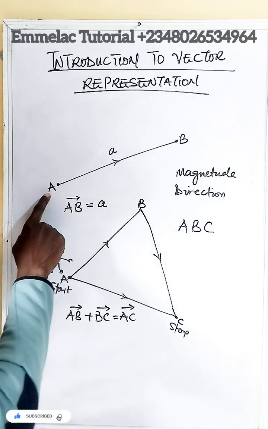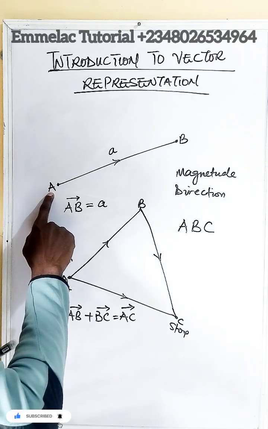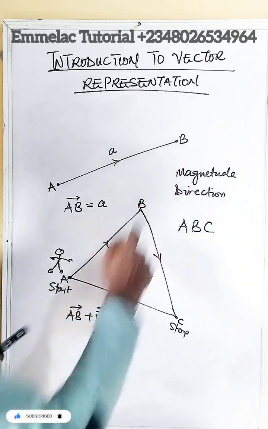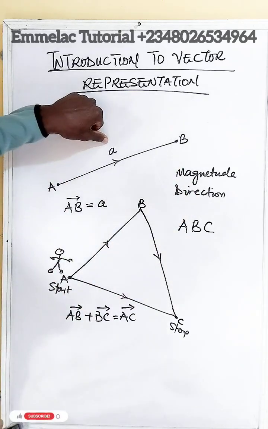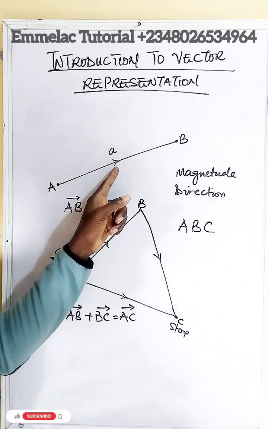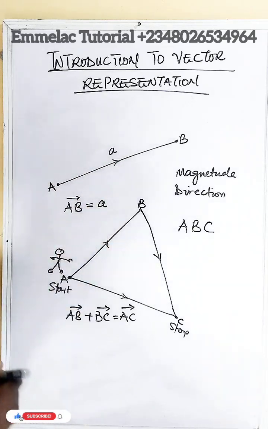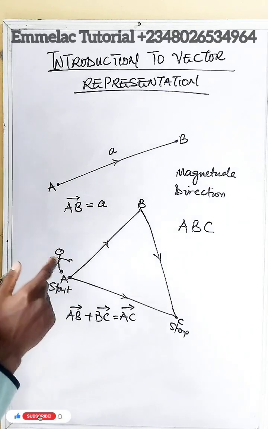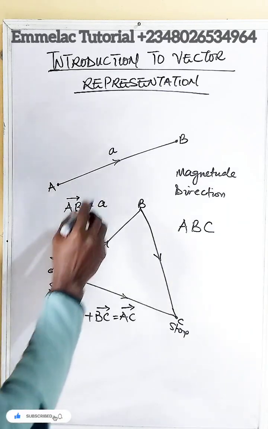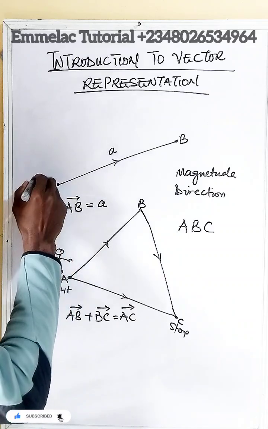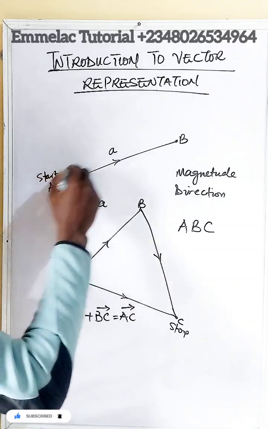Look at this again. Here we are from A to B, where the magnitude is A and the direction signifies this arrow. Now this is the starting point, start, and this is the stop.